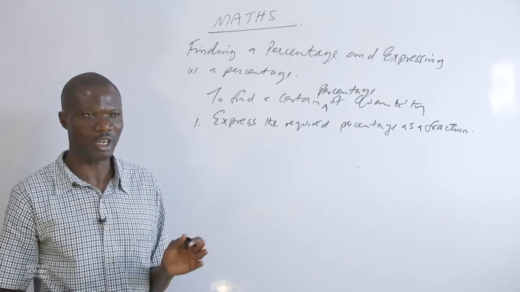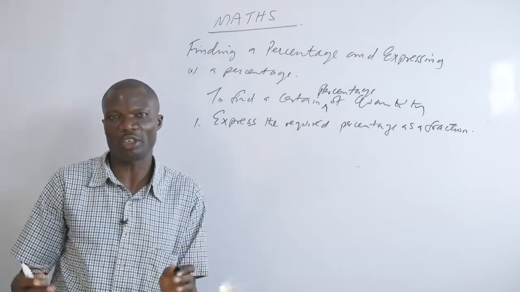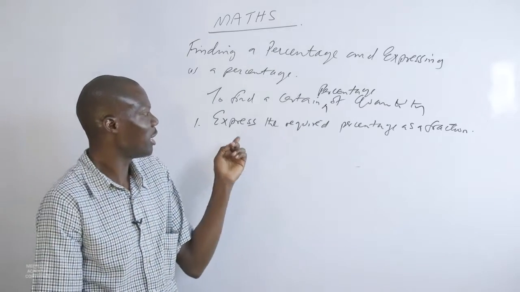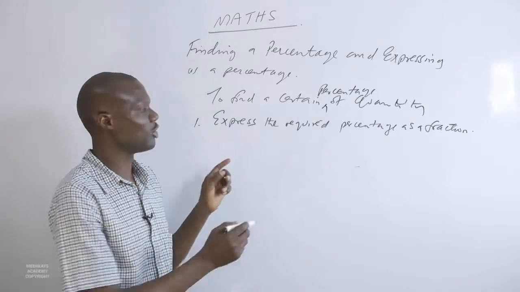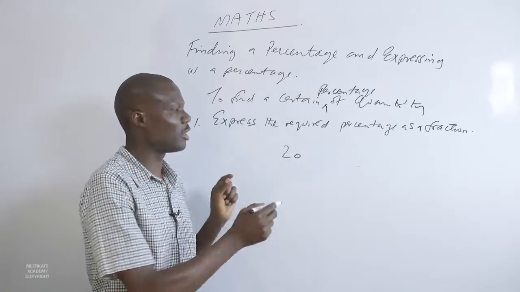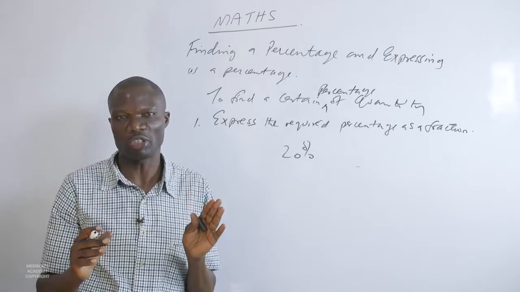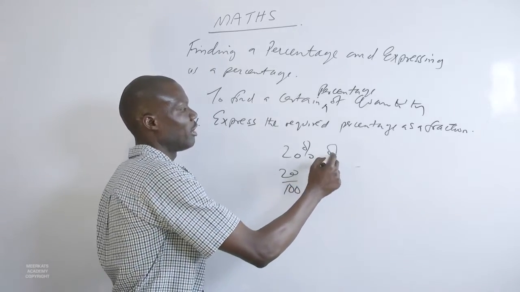What are we saying? For example, if they tell us 20% of 80. So we are saying express the required percentage as a fraction. The 20% will be expressed as a fraction, which is 20 over 100.